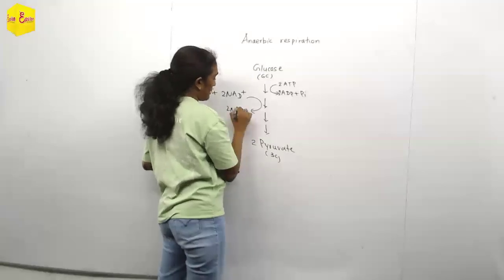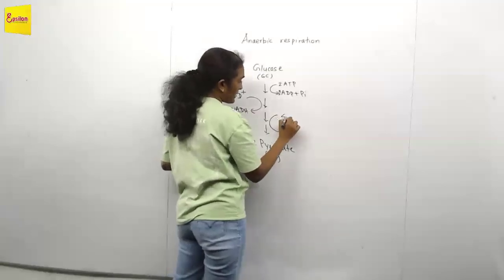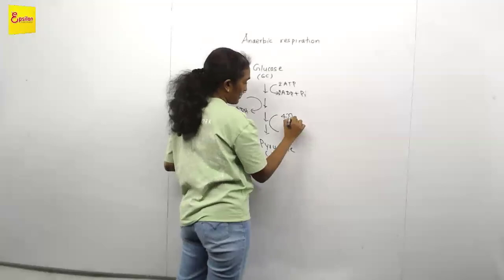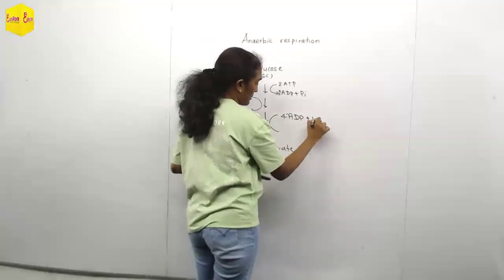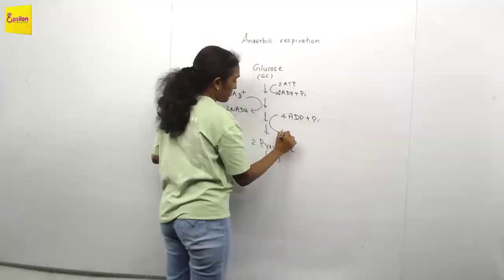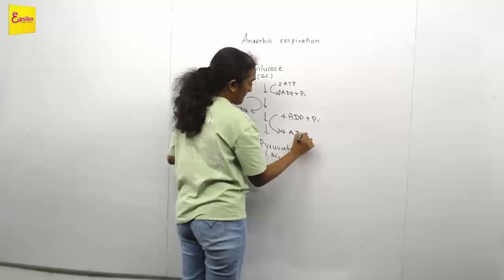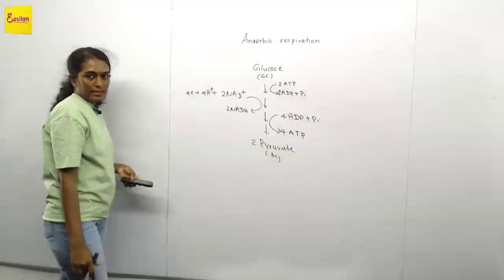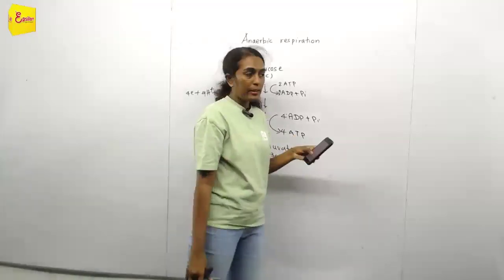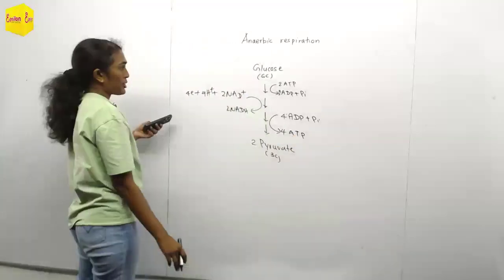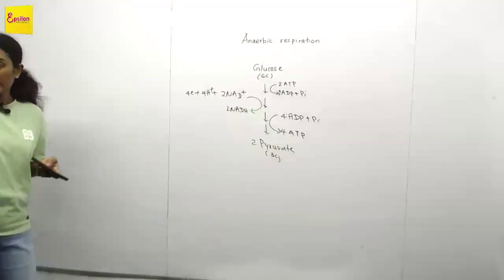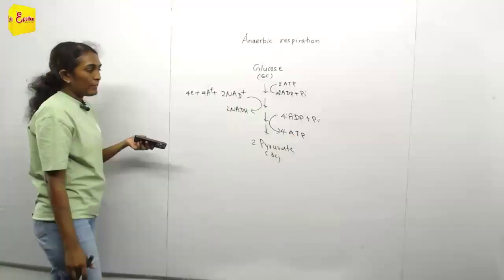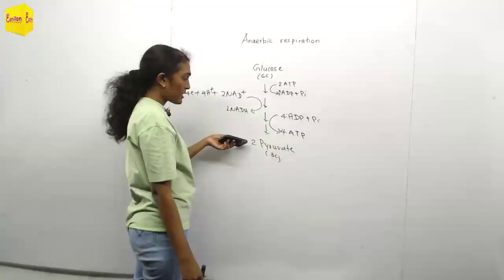And also 4 ATPs are produced. Am I correct? So this is glycolysis, common to both aerobic and anaerobic respiration. This does not depend on oxygen. Even in the presence or absence of oxygen, this is happening.